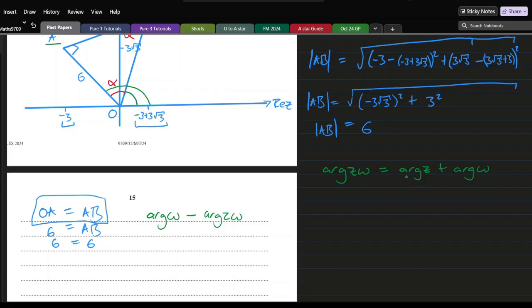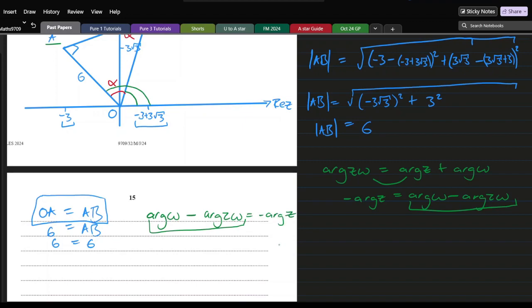Bringing arg Z to this side, negative arg Z is equal to arg omega minus arg Z omega, and this here is exactly what we have over here.